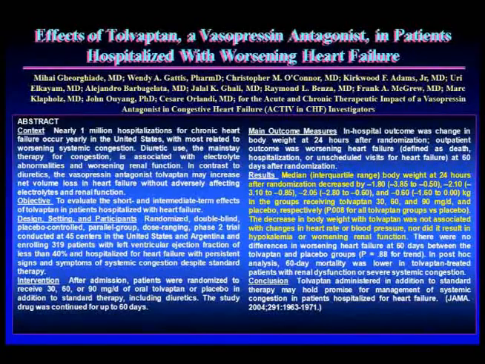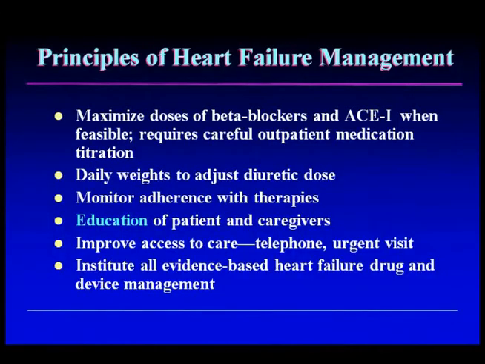So aldosterone antagonism, either with spironolactone or eplerenone, also gets good grades and an improvement in survival based on the RALES and that eplerenone trial.